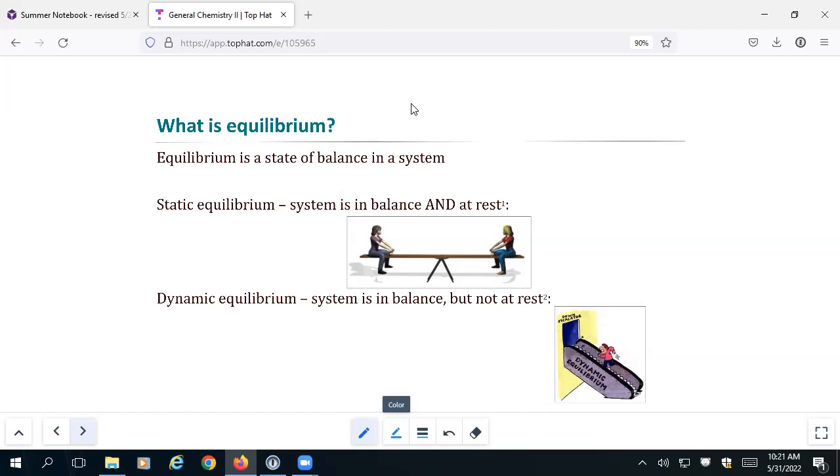There is also, however, something called a dynamic equilibrium. In a dynamic equilibrium, we are still in a state of balance, but we are no longer in a state of rest. Things are continuing to move behind the scenes, but to the casual observer, it appears like nothing is happening.